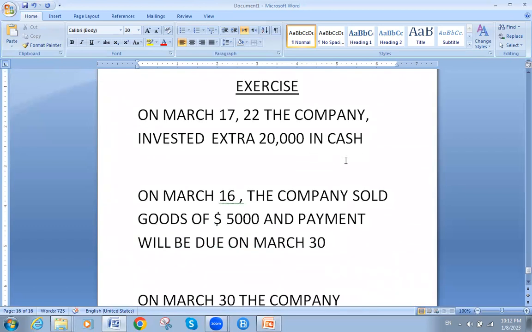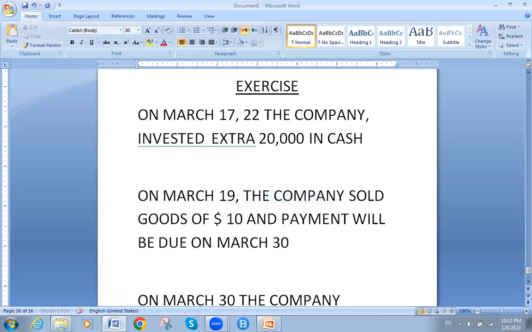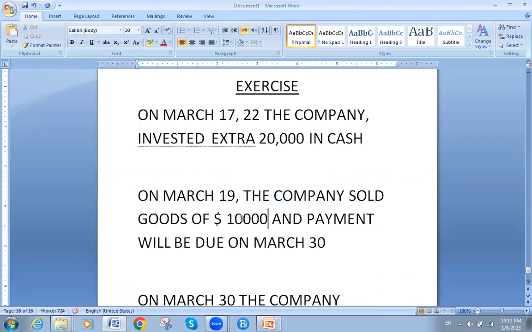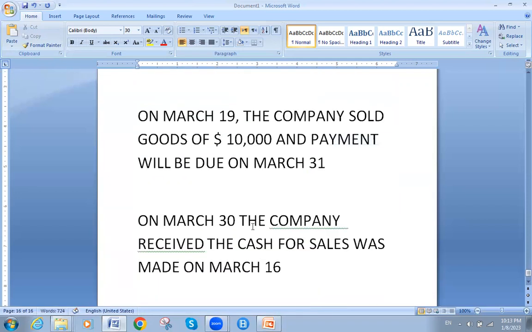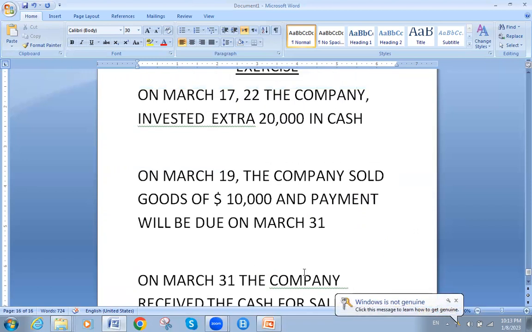So here you will do this one for me. On March 19, the company sold goods of LE 10,000, and payment will be done on March 31. On March 31, the company received the cash for sales that was due on March 16.